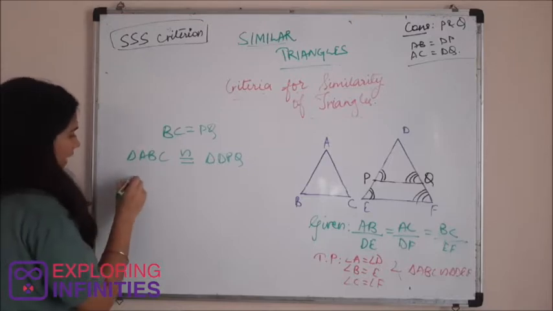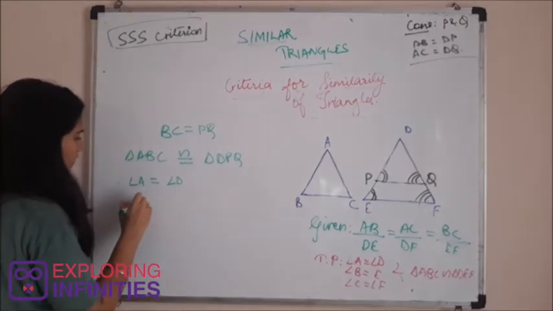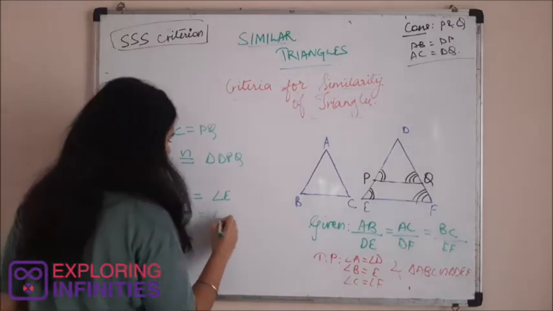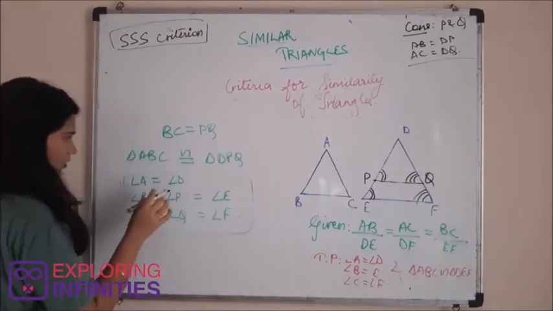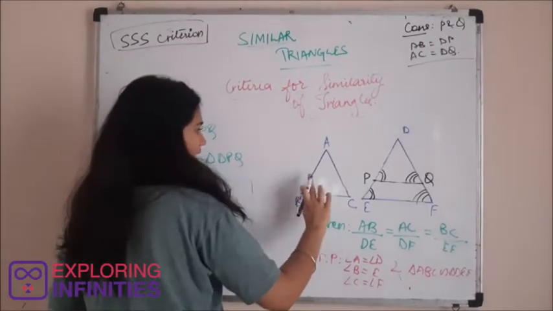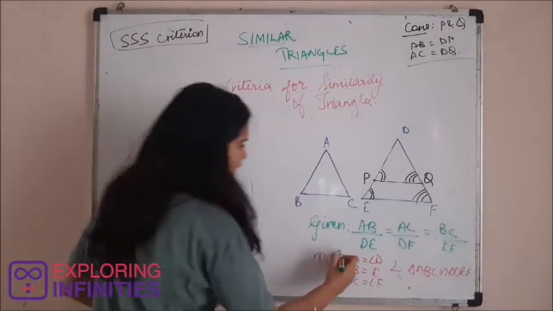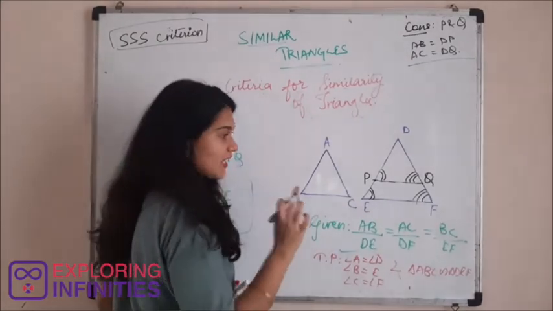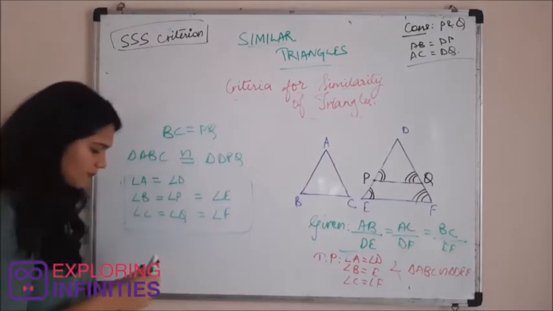So with that we can say that angle A equals angle D, angle B equals angle P, which is already equal to angle E, and angle C equals angle Q, which is already equal to angle F. So we can say that angle A equals angle D, angle B equals angle E, and angle C equals angle F. With that, we have proved our first condition, and since our corresponding angles are equal and it was already given that our corresponding sides are in the same ratio, we can also say that triangle ABC is similar to triangle DEF.